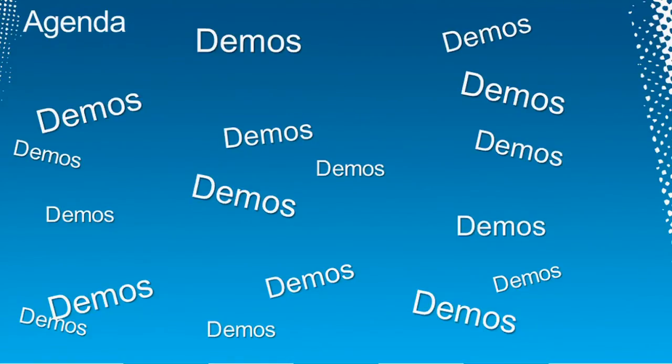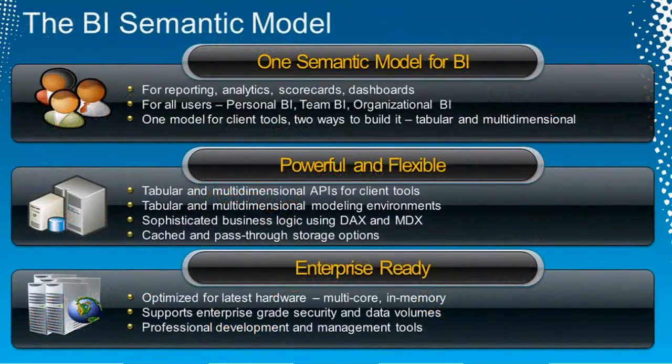Okay? So a couple of mandatory slides. For those of you who attended the session from Ashwini and TK yesterday, you've already seen this. I'm going to focus on the top section, which is one semantic model for BI. That really means 2 things. It means one model in terms of Microsoft.